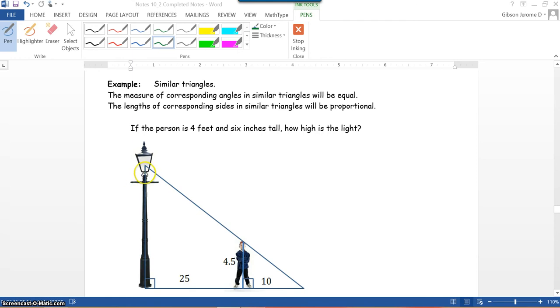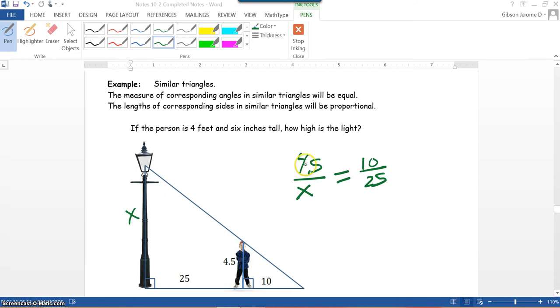Okay, so this is what we would do. We notice that we have these similar sides here. So we could take 4.5, and we can make this side x, is equal to. Now we would take these bottom sides here, so we would take 10 all over 25.